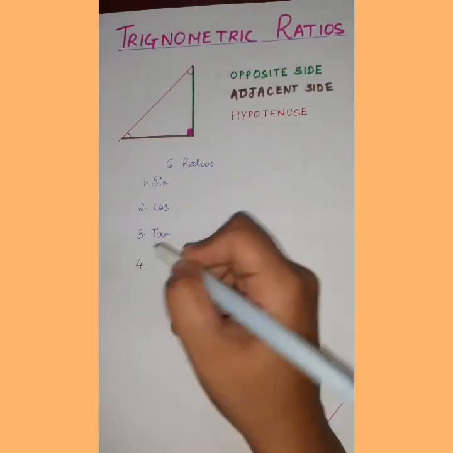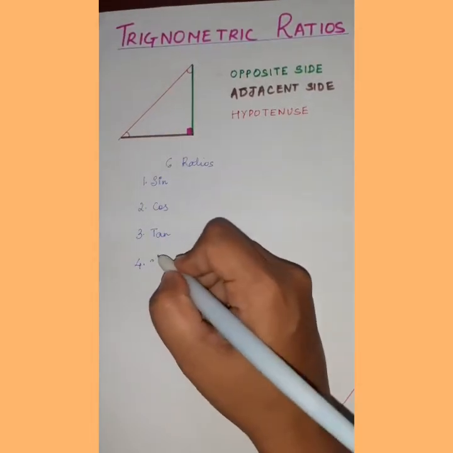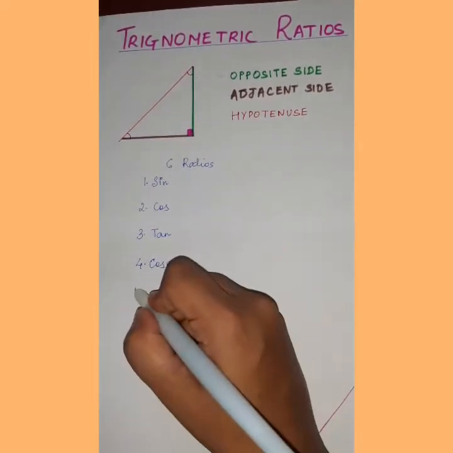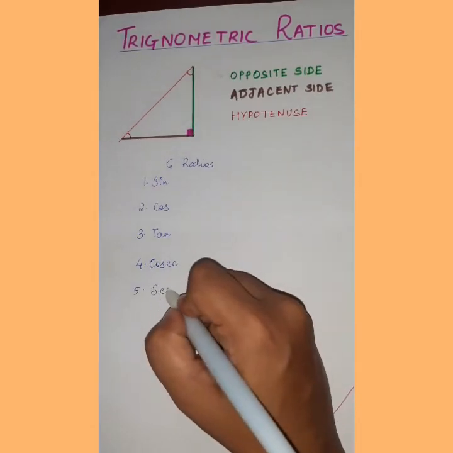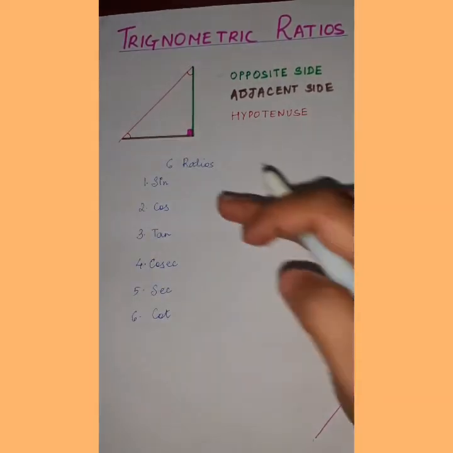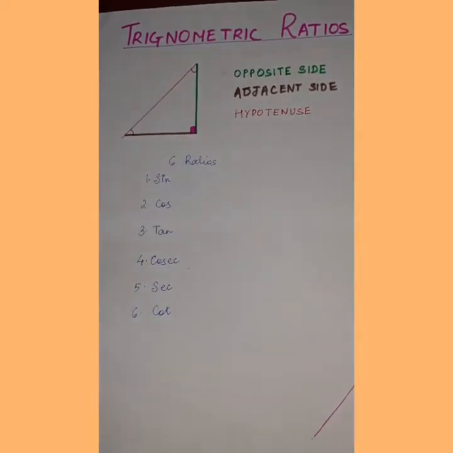The fourth one is known as cosec, followed by sec, and the last one is cot. So these are the 6 trigonometric ratios or functions which are dependent on this right angle triangle, and we write them as ratios of any two of these sides. Let's see which sides make up the ratio for each of these individual trigonometric functions.